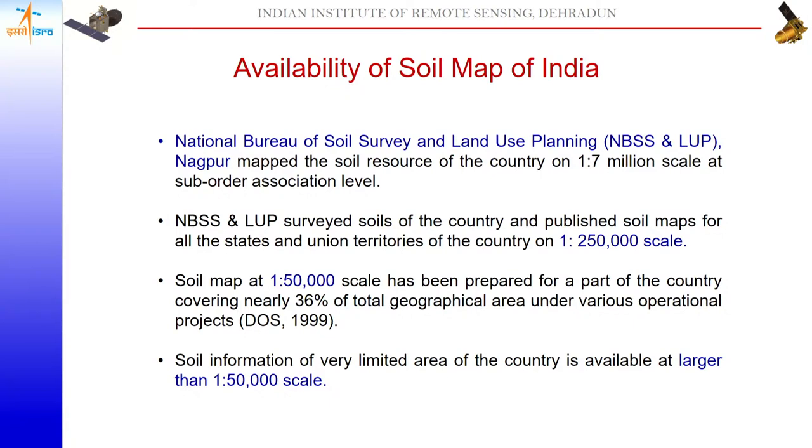For project areas only, the soil information is available at detailed scale. So one thing is clear: for district level planning we need a 1:50,000 scale soil map, and for the entire country this is still going on, currently not available. For the entire country, 1:250,000 scale is available, meaning a smaller scale.